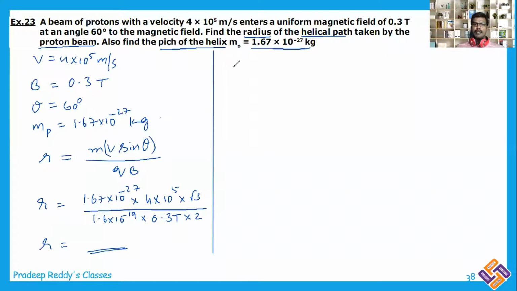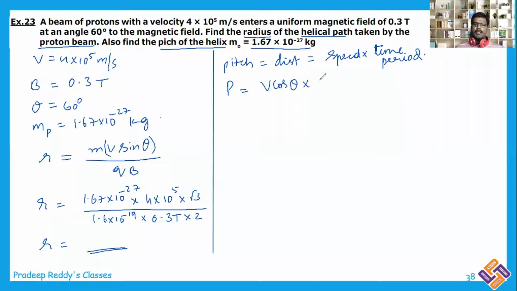In order to calculate pitch, pitch is equal to the distance traveled. Distance traveled is equal to speed into time. So you should calculate the time period. The speed of the particle along the axis is the horizontal speed, you can write it as v into cos theta.